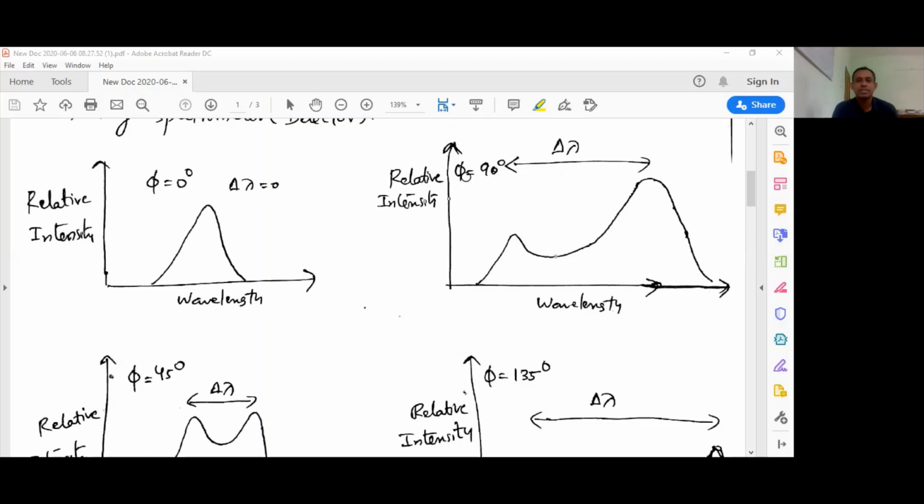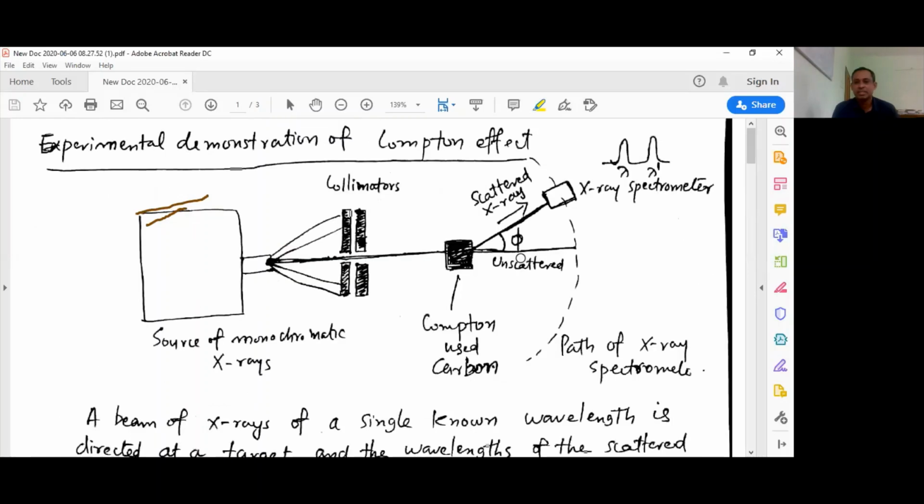First we take phi equal to 0. What is phi equal to 0? Phi equal to 0 means you are detecting the light coming straight, in the initial direction of the X-ray. So this is phi equal to 0, when the X-ray spectrometer is here.